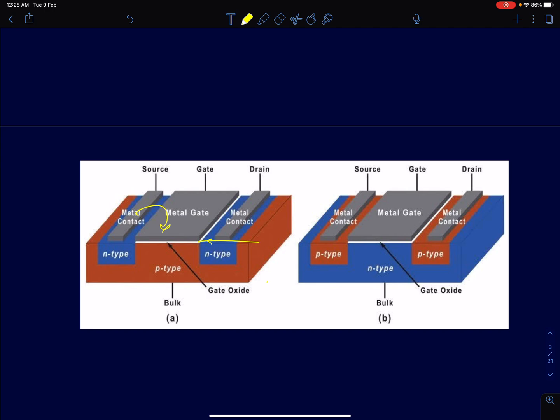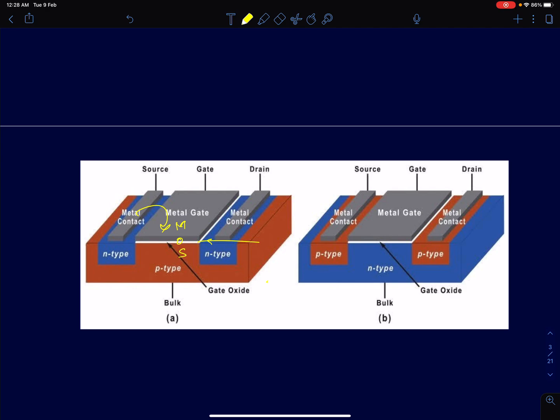Once the silicon dioxide was introduced, the structure came to be known as the metal oxide semiconductor structure. It's a metal oxide semiconductor, and it's a field effect based device. So, metal oxide semiconductor field effect transistor, it came to be known as MOSFET.